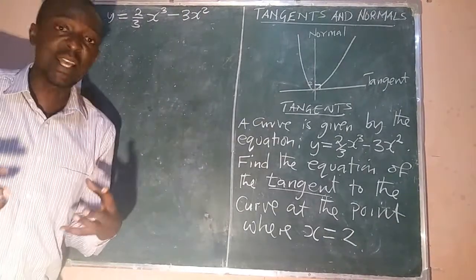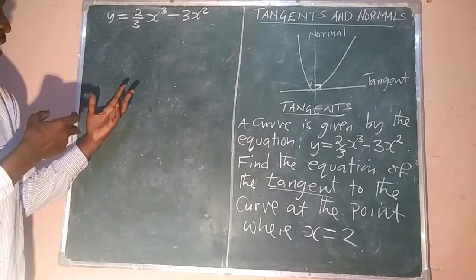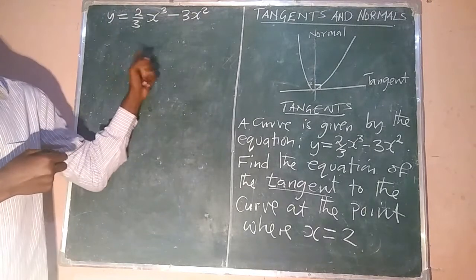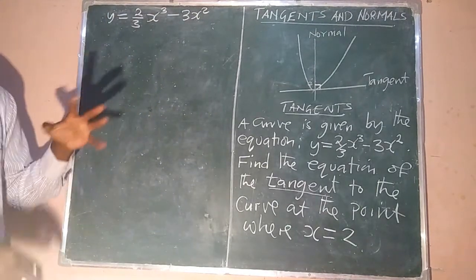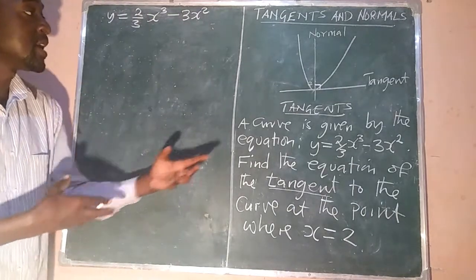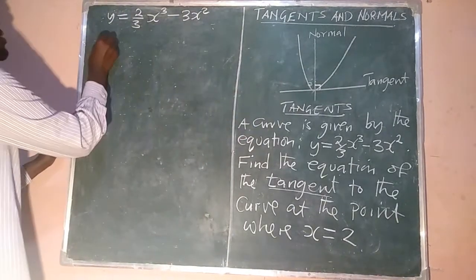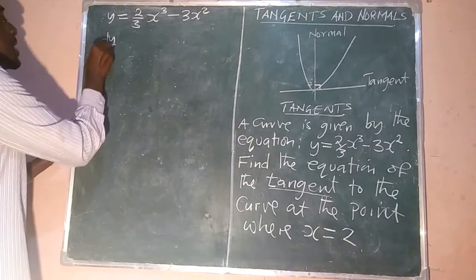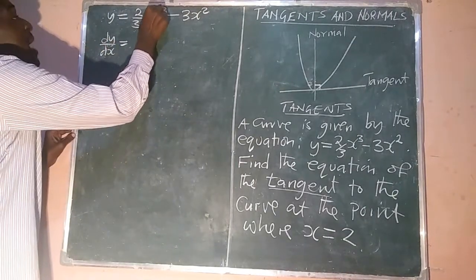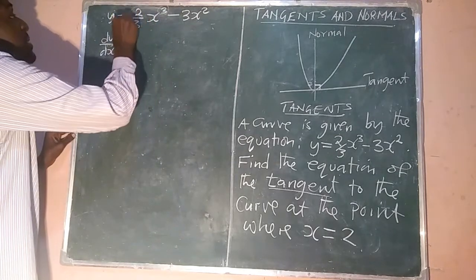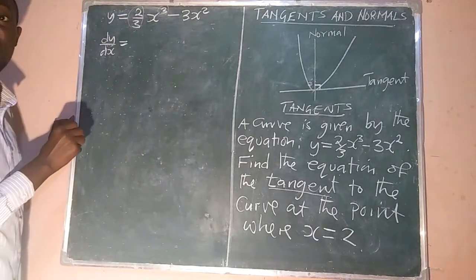The next thing that we do after writing the equation is to differentiate it. So we are going to find dy/dx, which will help us to find the gradient of this tangent. We multiply the power times the coefficient.